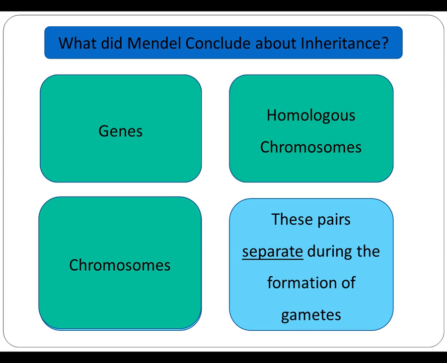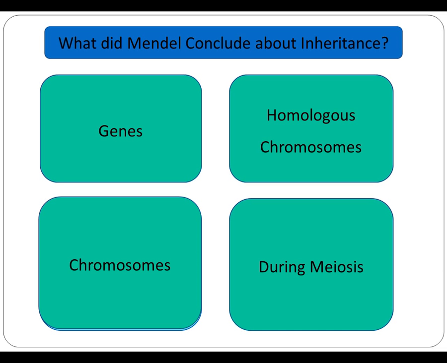We know that our chromosome numbers are retained consistently from one generation to another. And where would we see these homologous chromosomes separating? What is the name of the process to better clarify that fourth point? Meiosis. Okay? Meiosis.